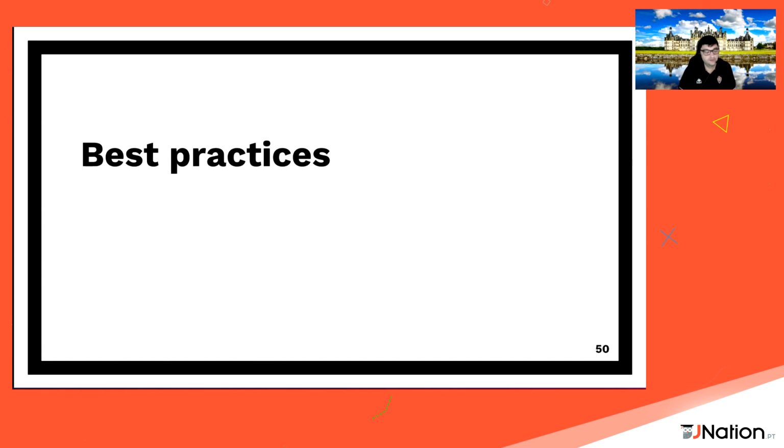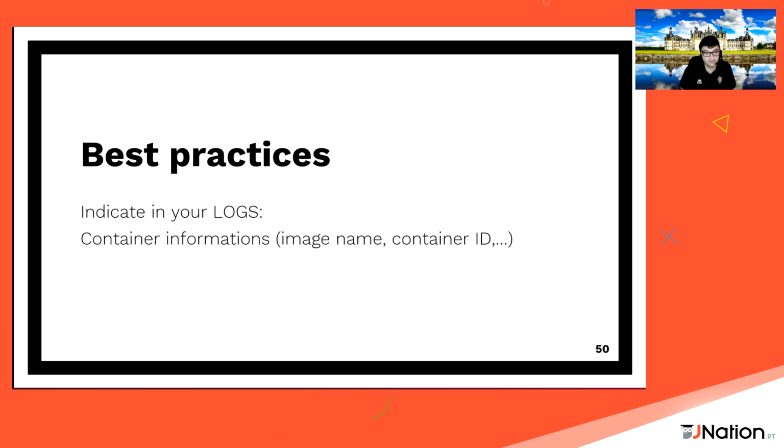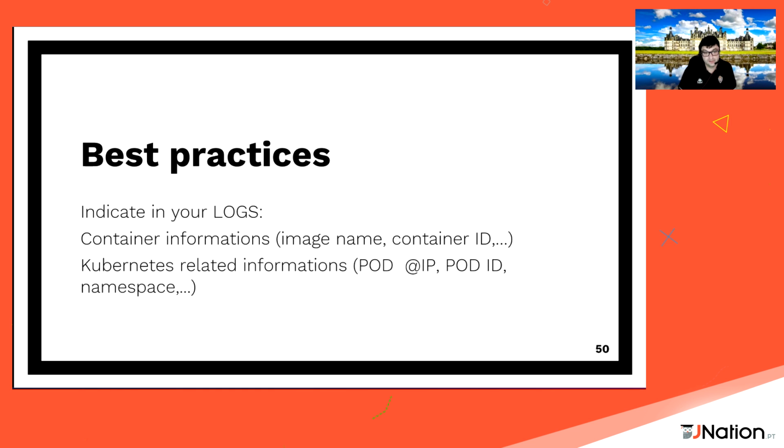So I wrote during my two projects a bunch of best practices about logging. I will present a few here. It's really useful to indicate in your log files all the container information, such as the image name, the container ID, and so on. The Kubernetes-related information also, the pod IP address, the pod ID, namespace. It's really important to have this information.